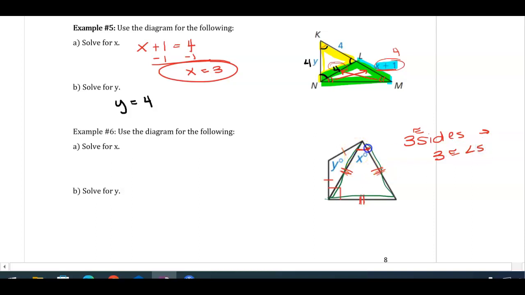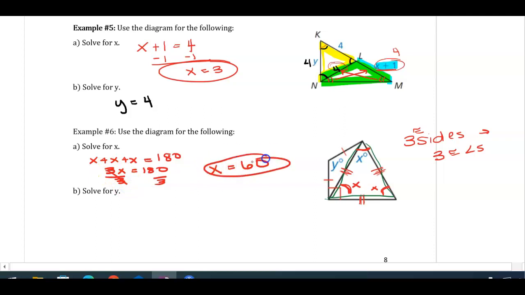So this angle has to be equal to this angle, which has to be equal to this angle, so this has to be x and this has to be x. If I say x plus x plus x, remember all the angles in a triangle have to add up to 180. So 3x is 180. Divide both sides by 3, and I get x is 60. If this is 60, this is 60 degrees, this is 60 degrees.